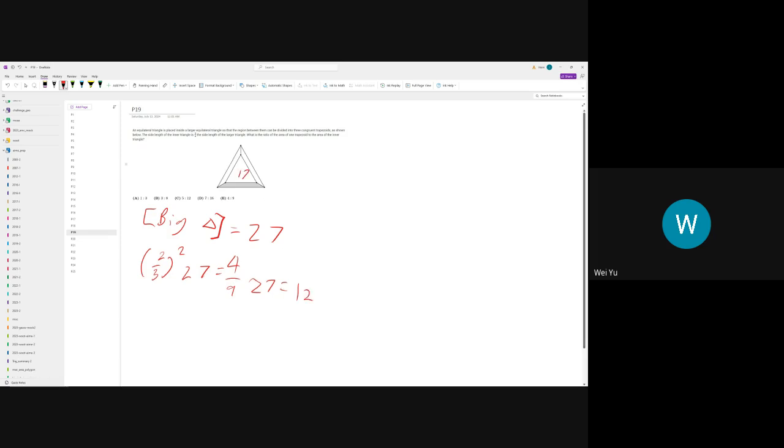So the area of this part is 12. The area of the outside is 27. So the combined area of the 3 trapezoids is 27 minus 12 equals 15. That means that one trapezoid must be 5, so the answer is 5 to 12.